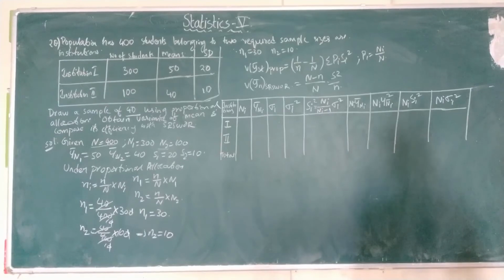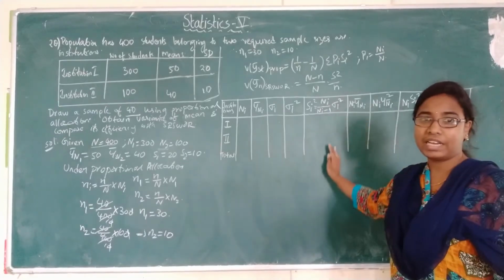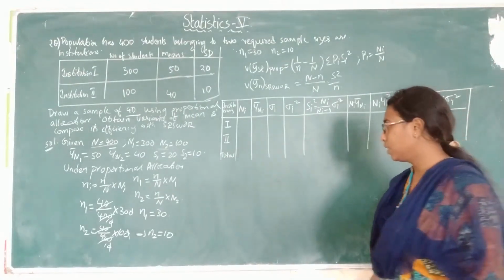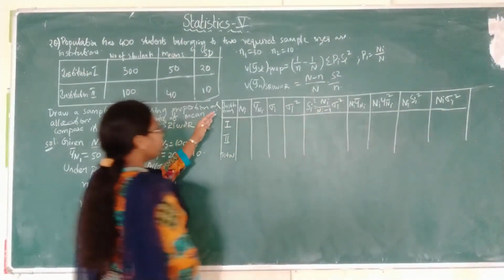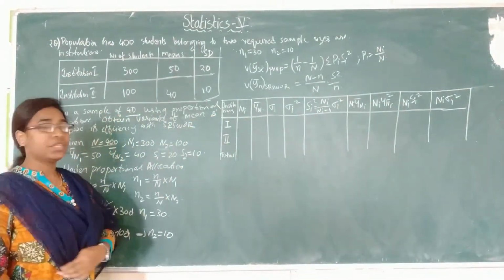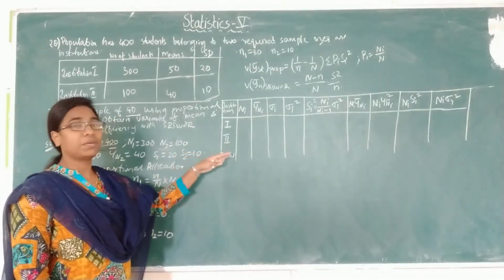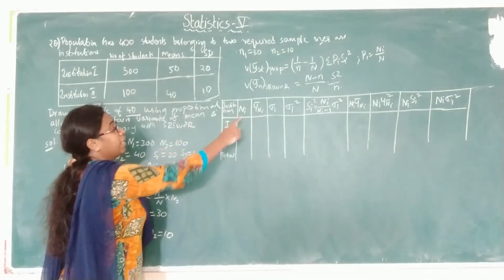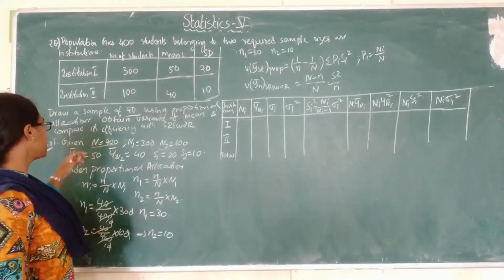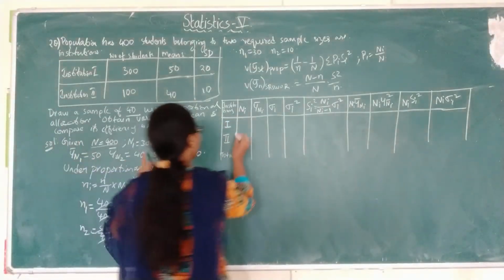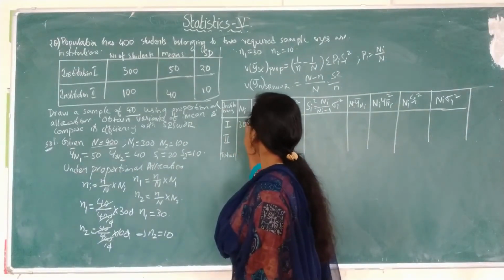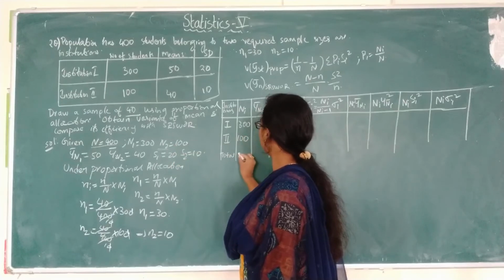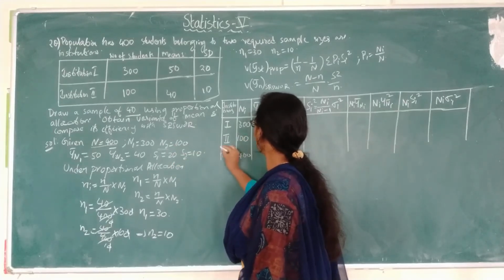Now this is the calculation box we need for calculating the variances. First column, write down the institutions. You have two institutions, so write institution 1 values and institution 2 values. Next write down Ni, the stratum sizes: N1 is 300, N2 is 100, so the total is 400.